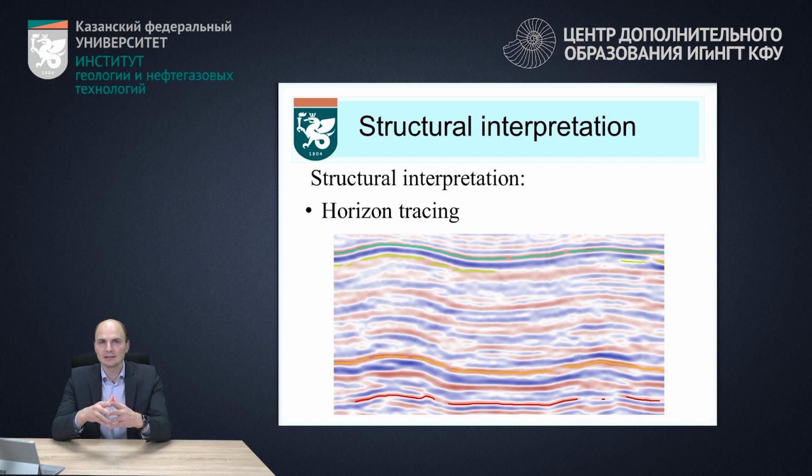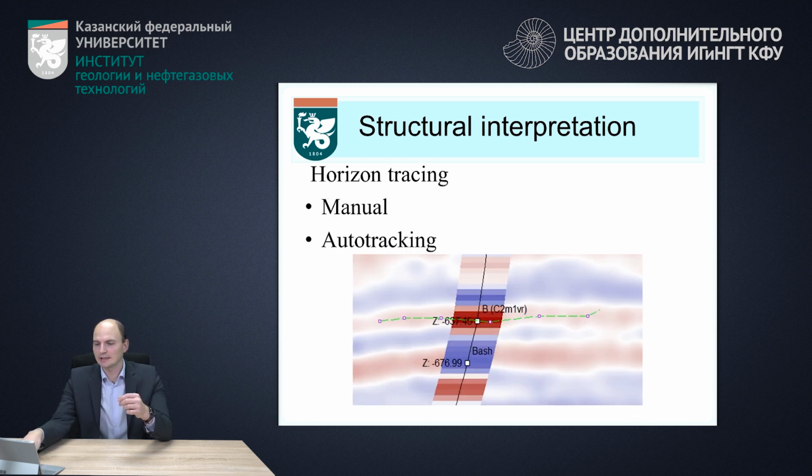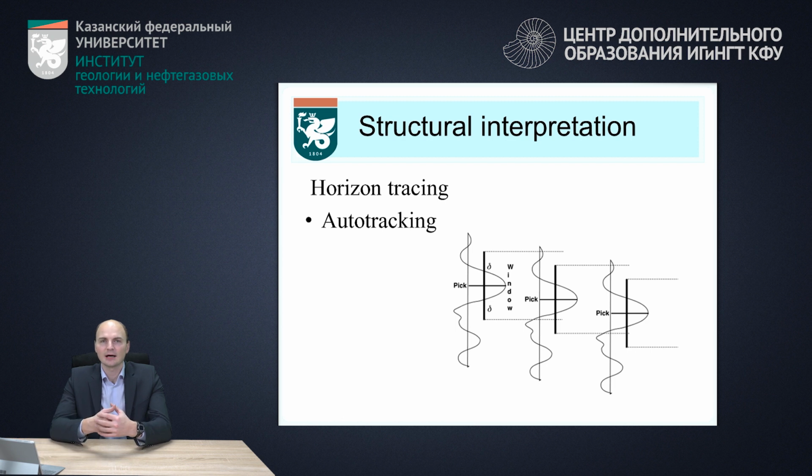Horizon tracing is simply the connection of the nearest seismic traces, and it can be done in two different ways. Either it can be done manually or automatically. The main idea of the auto trackers is to force the computer to connect the nearest seismic traces, to force them to be aligned.